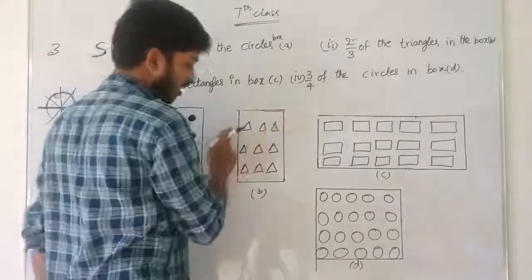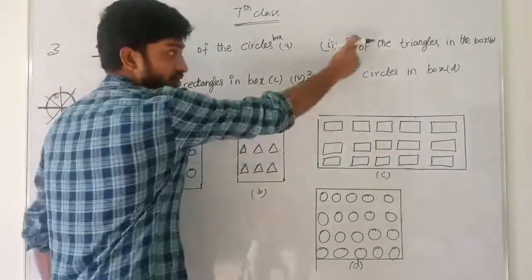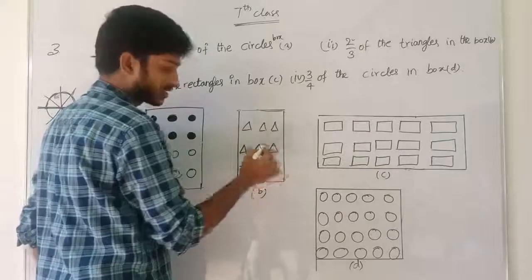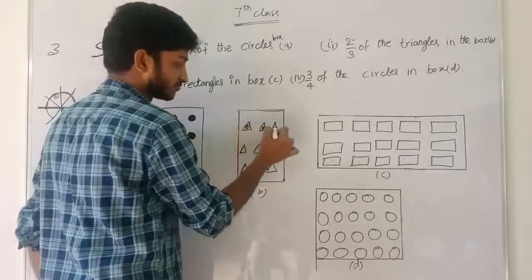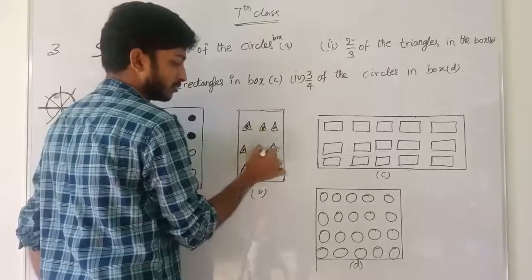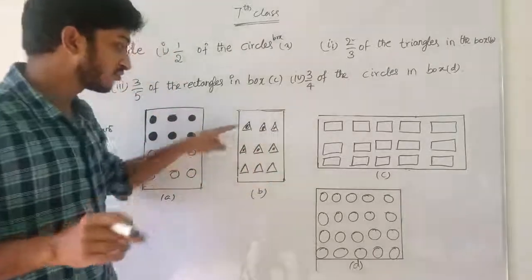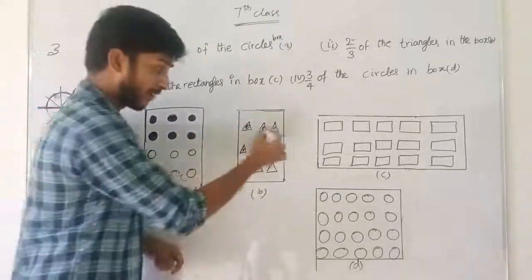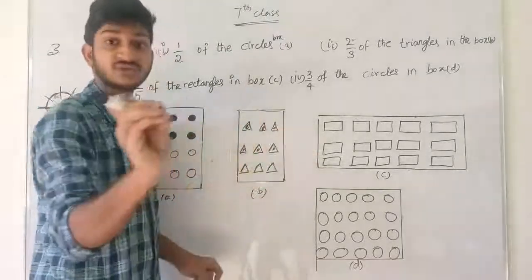So we shade these 3 circles and also these 3 circles. You have to shade this fully. I am just explaining, that's why I am pointing the line here.